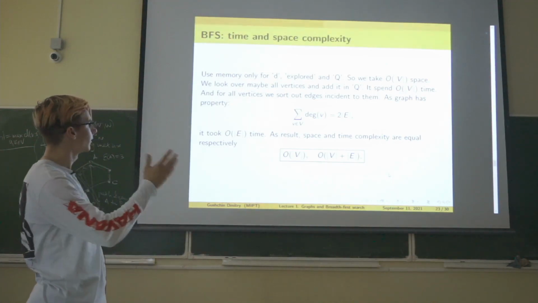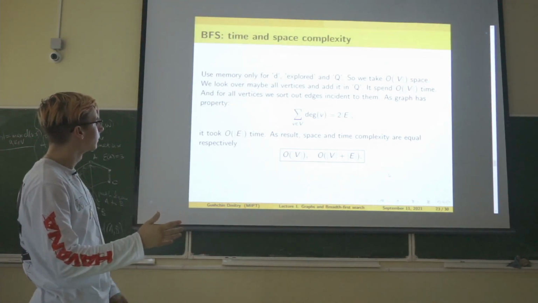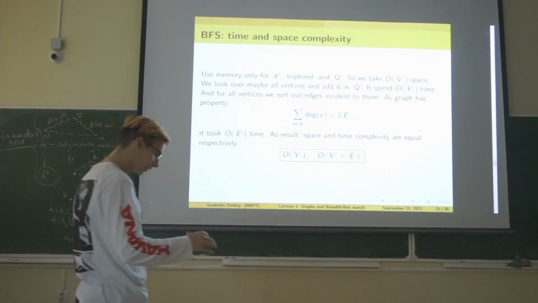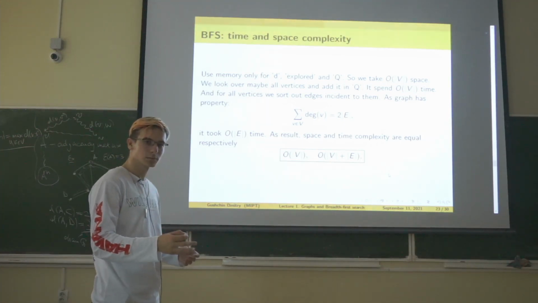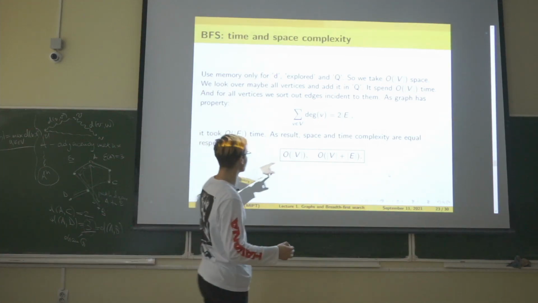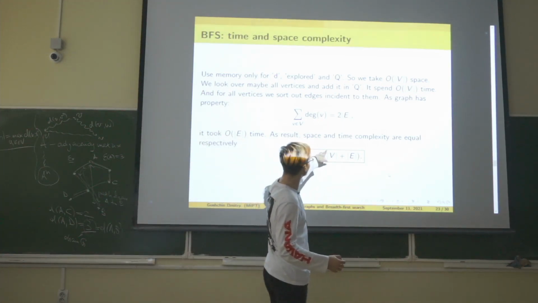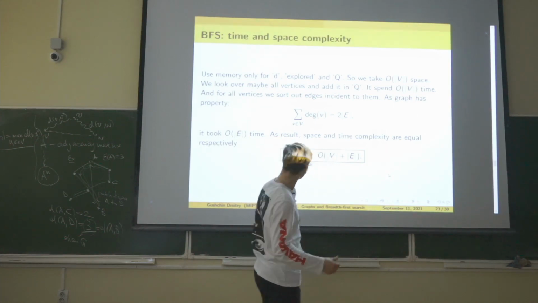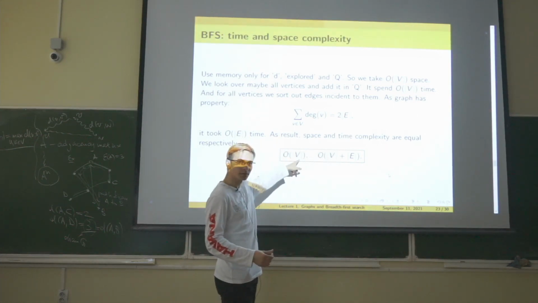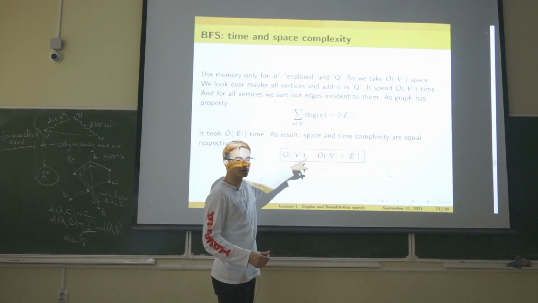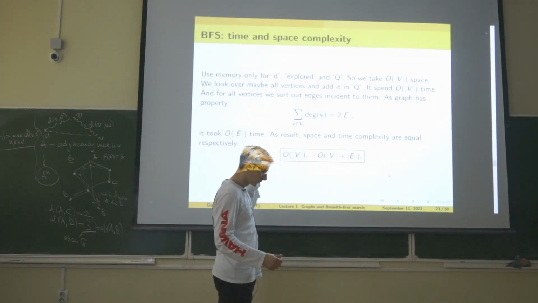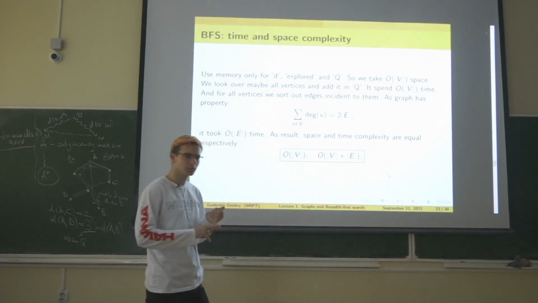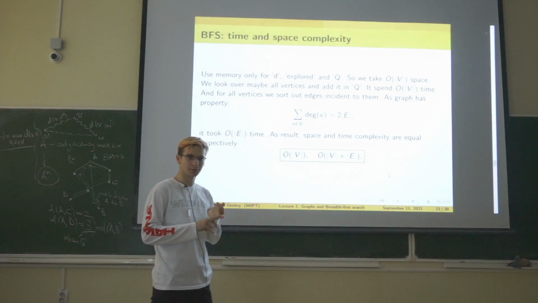It's about complexities. As we understand, we can count all vertices in Q. So we need to use O of the number of vertices of space in Q. And we need to use the number of vertices of space to erase D and erase explored.